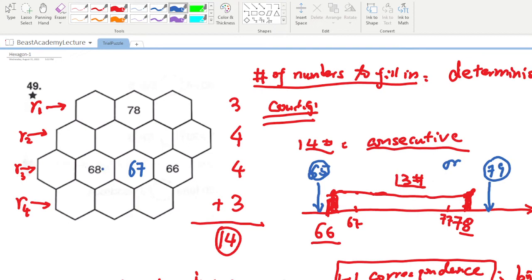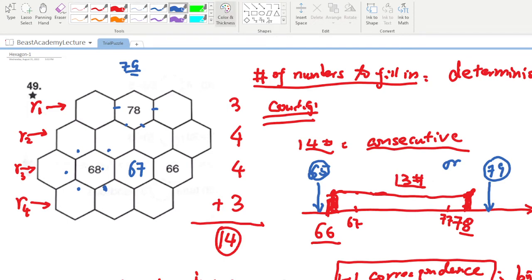So 69 can be here, can be here, can be here, right? Is that true? Yes. If I have a 79, the 79 could be somewhere here, because the 79 needs to be next to 78. That's here, right?